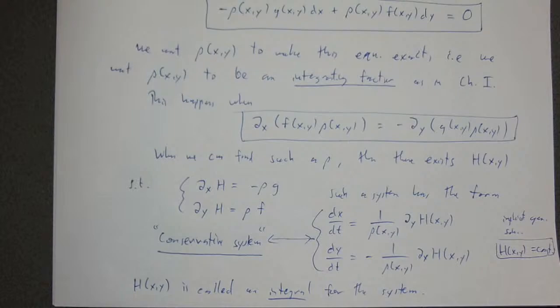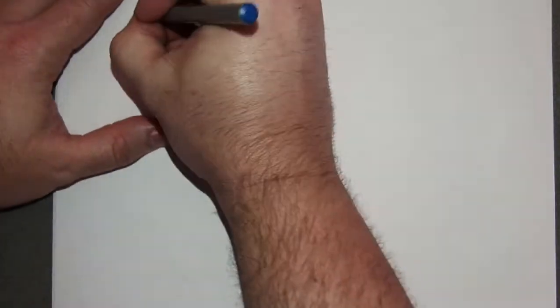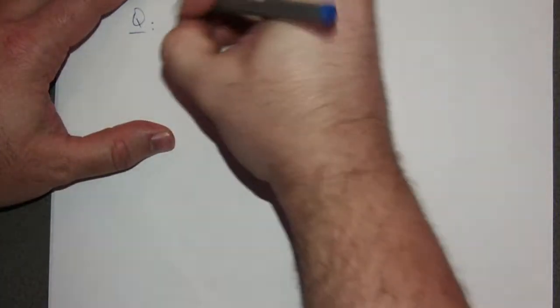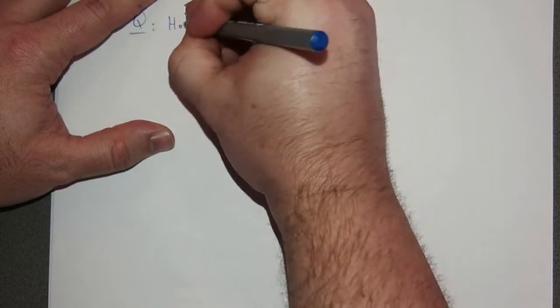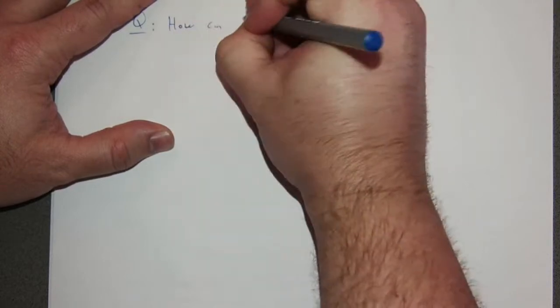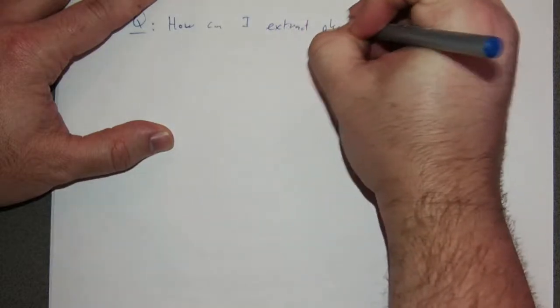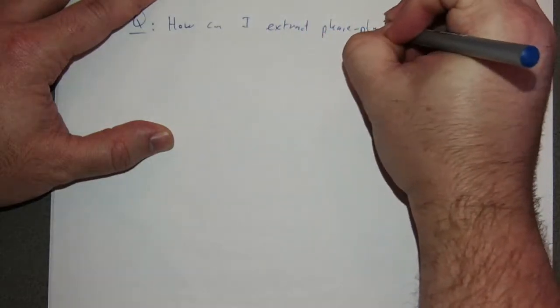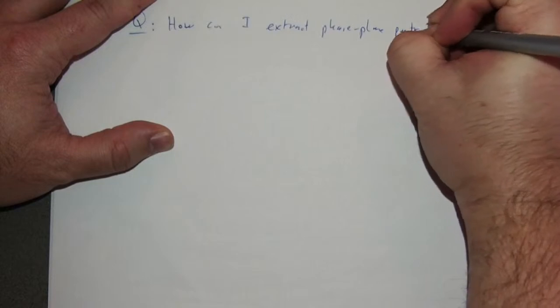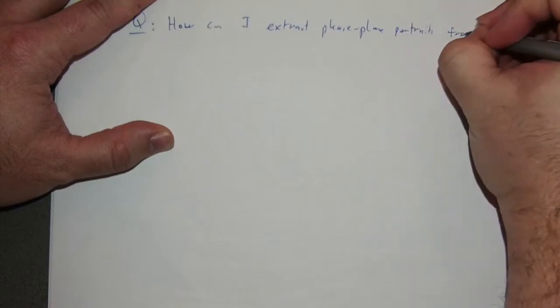Now let's see how I can get phase plane portraits from integrals. So big question: how can I extract phase plane portraits from integrals?